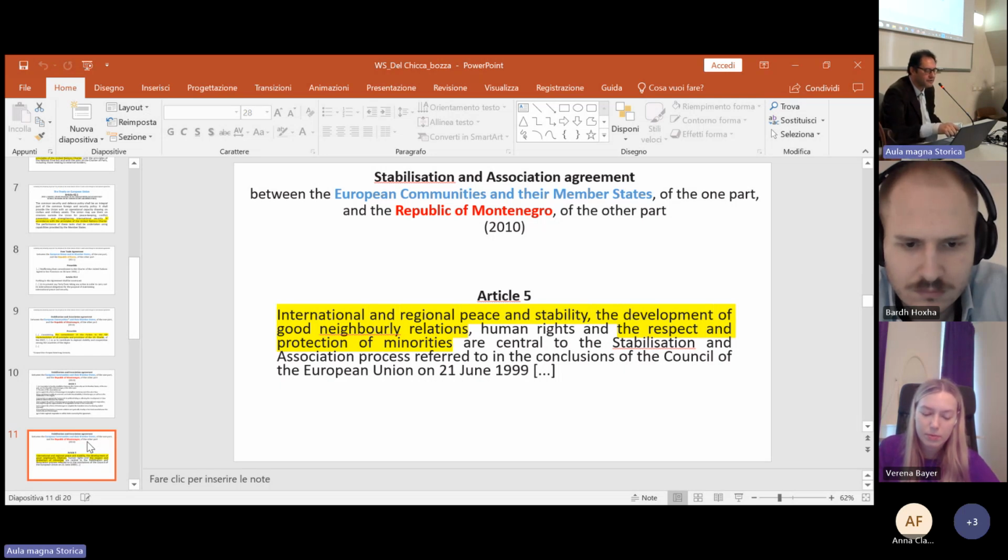There is a clear calling to peace and stability at the international level and at the regional level as well, and the development of good neighbor relations. Once again, good neighbor relations. That means peaceful relations, cooperation, and so on, and respect and protection of minorities. You remember, the respect and protection of minorities is one of the rules provided by the Treaty of the European Union.